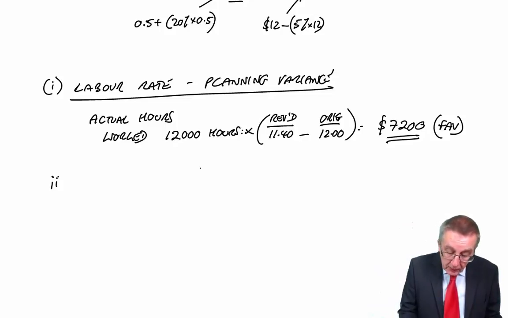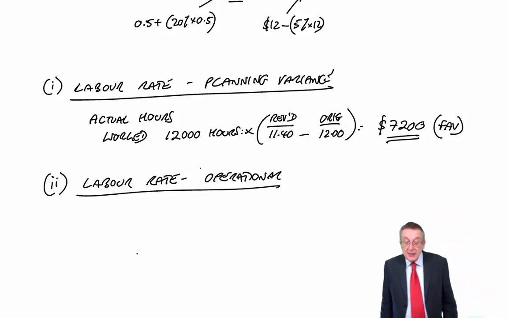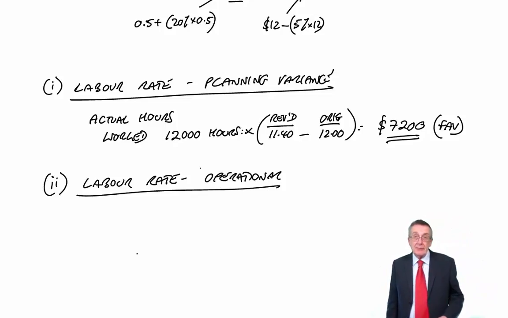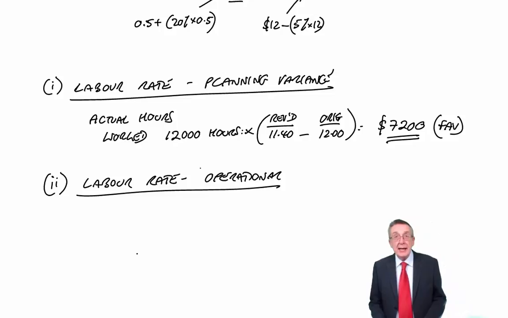However, what about the operational variance? This is looking to see, did we actually pay $11.40 an hour or not? Because that's what we should now be paying. If we paid more than $11.40 an hour, we've lost money.